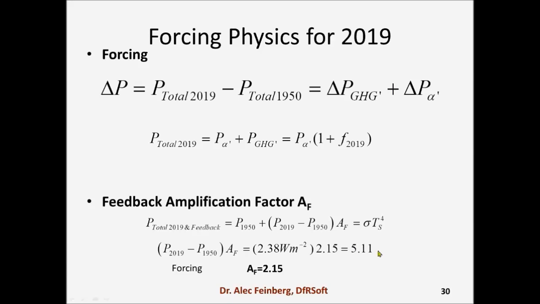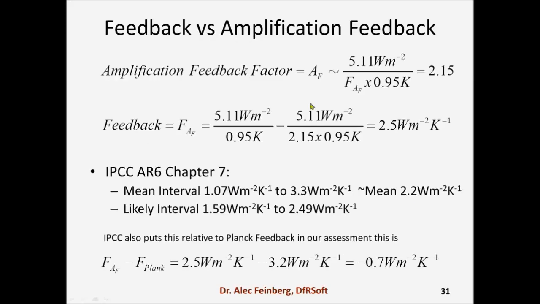So let's go a little bit further into understanding this number, the feedback amplification factor. You're probably asking, the IPCC advertises the feedback values in what's called watts per meter squared per degree K, and we have a unitless number. So how do we convert that to IPCC values so we can make comparisons? Okay, so there's the IPCC value.